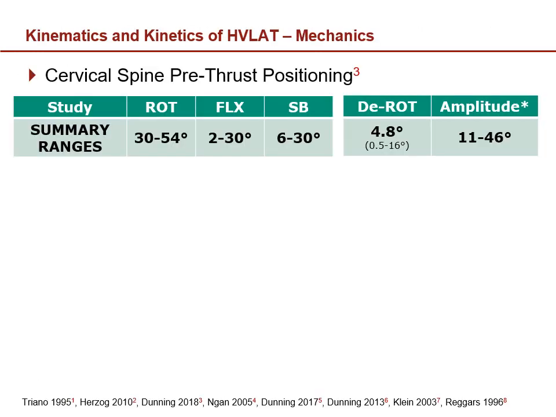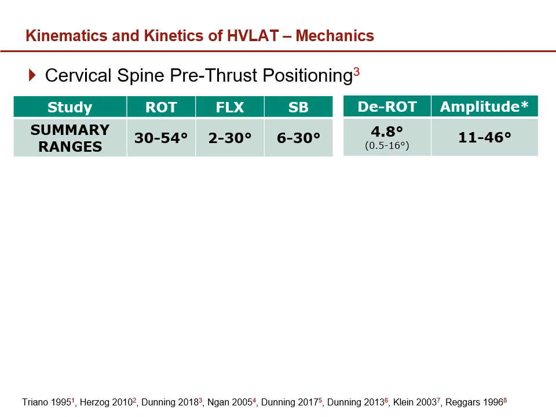So as you may recall from the pre-lecture material, and we'll just summarize it again, when applying the cervical spine thrust mobilizations, the amount of rotation varies between 30 and 54 degrees. The amount of flexion is also highly variable with 2 degrees versus 30 degrees. And then the side bending, again, 6 to 30.